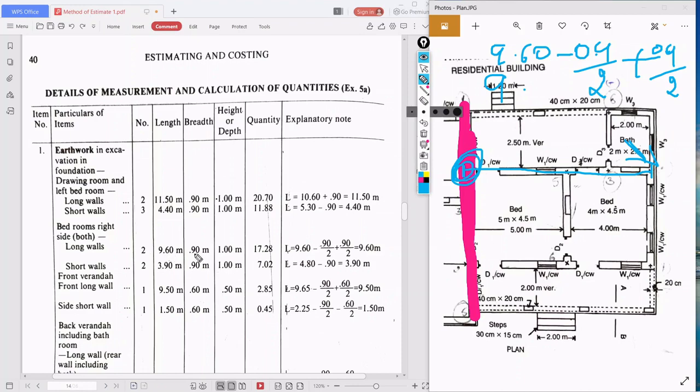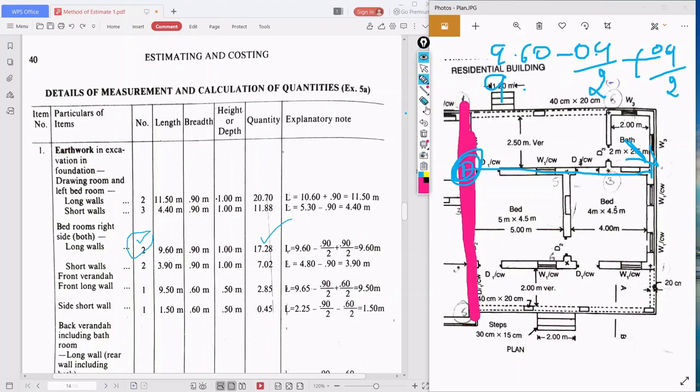That is 0.9 breadth. What is the height? 1 meter, same as the drawing room and left bedroom. We are doing this for item number 1, that is earthwork only. So multiply them, you will get 17.28. So both the long walls, two long walls, have been done.